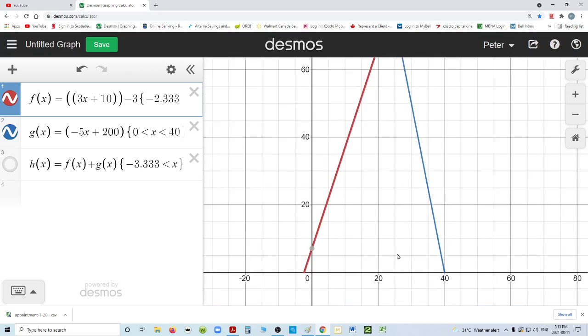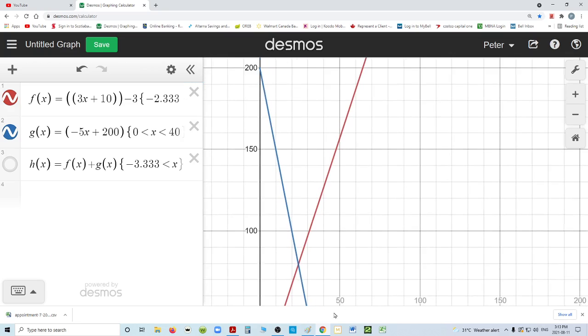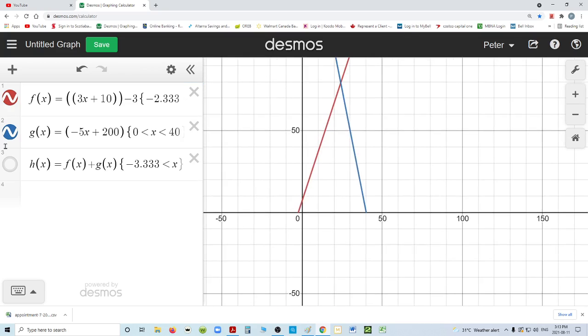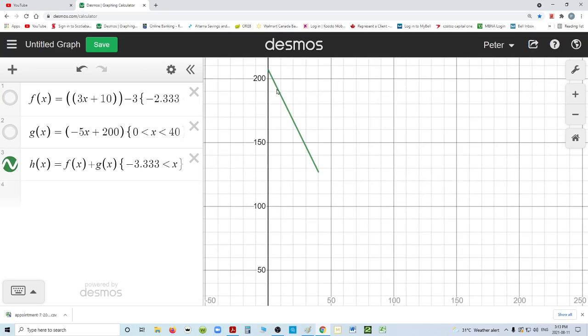So in my opinion, this is a far more accurate look at what temperatures you are dealing with. What's interesting about this? Oh, there we go. It's saying that at this point you wouldn't add them up anymore because you're getting into negative territory. Let's include the x's so that we can have it in there.